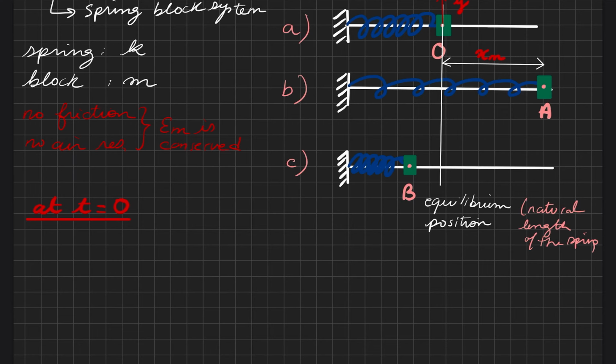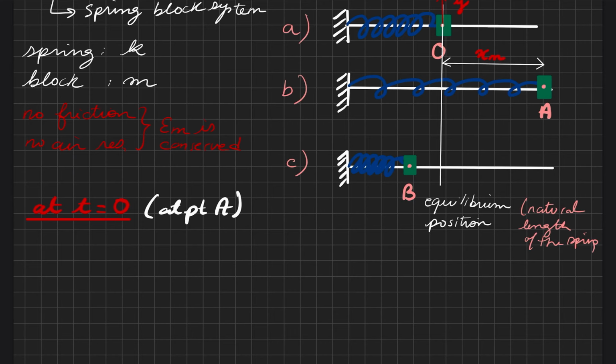At T0, it is at point A, the instant where we shifted the spring from its natural length.